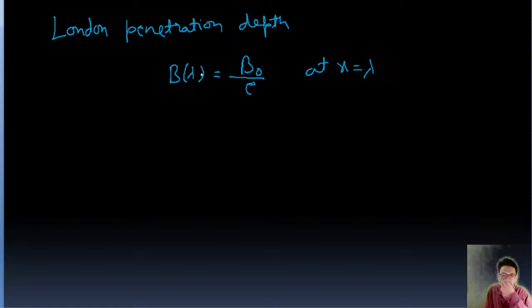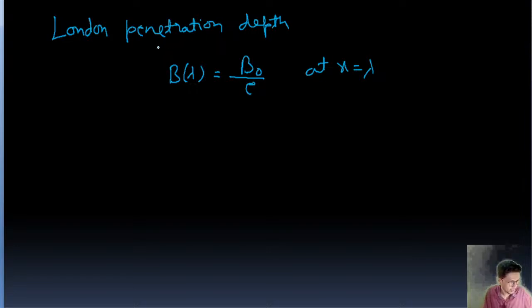So at the penetration depth, the magnetic field is equal to B naught upon e, meaning 1 upon e times the magnetic field at the surface.